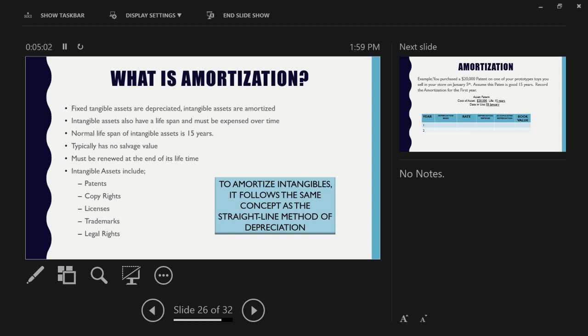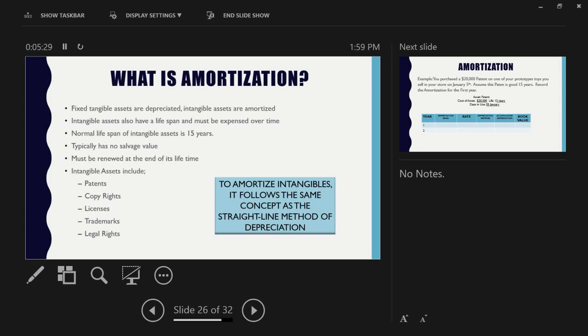So legal rights issues as well as licenses. If you're a franchise, you can license other companies that are not your company but want to do the same thing you're doing. Trade secrets also all apply under intangible assets.